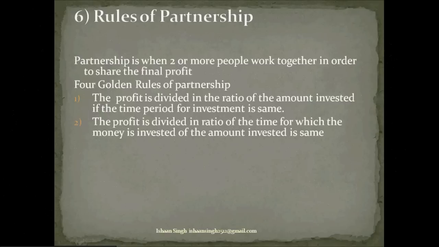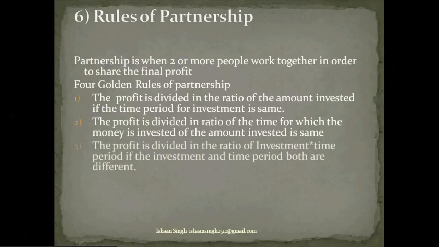That is, if both of you are investing 5,000 rupees, but your friend is investing it for 6 months and you are investing it for 12 months, you will get more money. You will get twice as much money as he will get, because you have invested the same money for twice the period. Fine. The third rule says the profit is divided in the ratio of investment into time period if the investment and time period are both different.